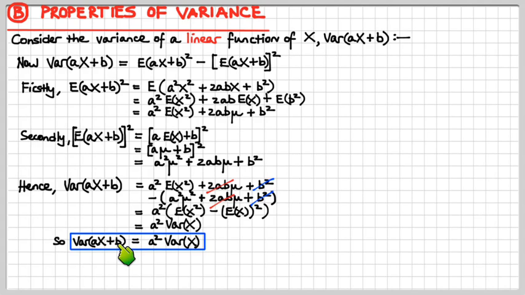Now, variance is about spread, a measure of spread. So if you simply displace a whole function, a probability density function, b units to the right, you're not going to alter its spread characteristics at all. So this b term would not be expected to impact the variance of x at all.